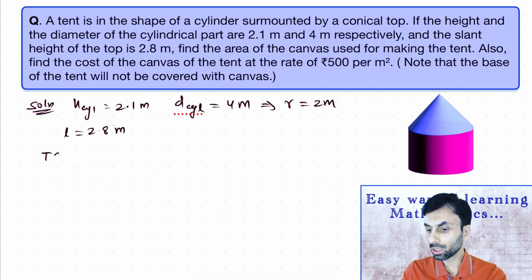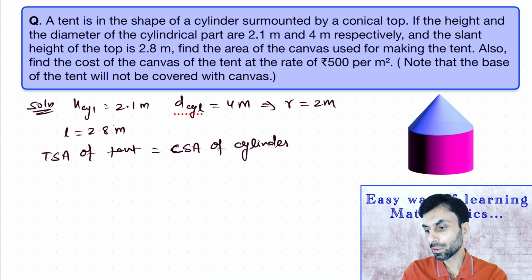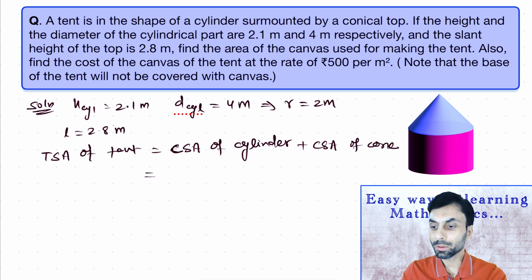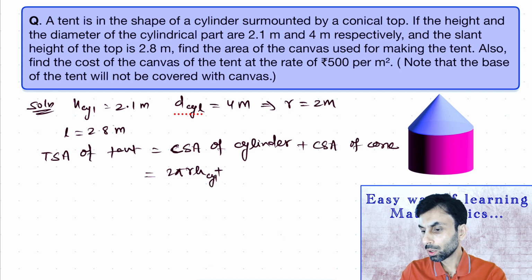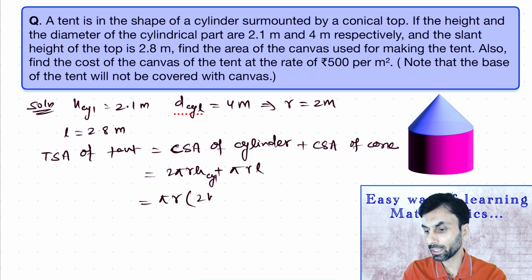So total surface area of tent will be equal to curved surface area of cylinder plus curved surface area of cone. Now here curved surface area of cylinder will be 2 pi r h, where h is the height of cylinder, plus we have to take curved surface area of cone, which will be pi r l. Here we can take pi r common, we'll get 2h, height of cylinder, plus l.